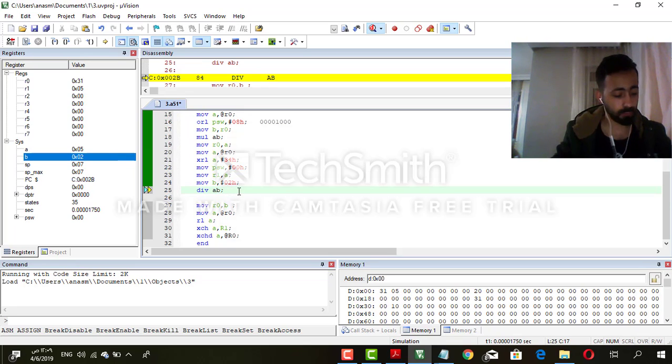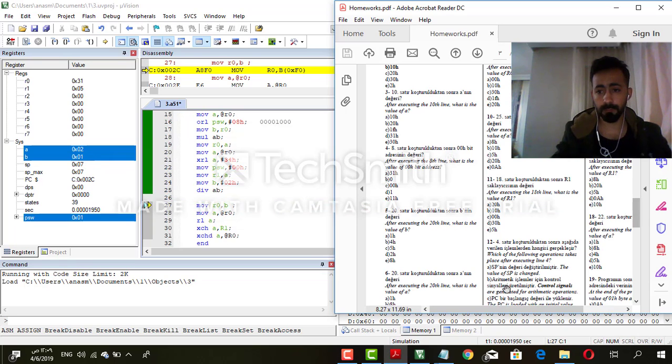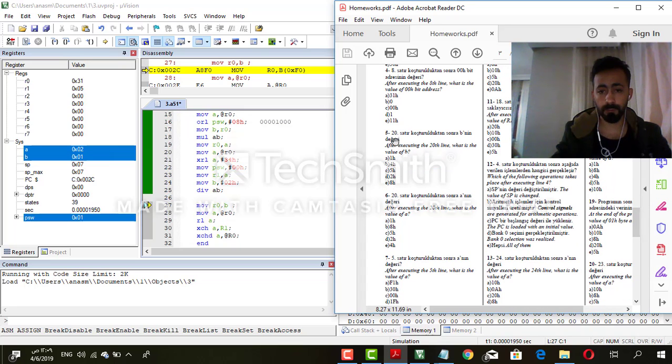So the new value of a is 2 and the new value of b is 1. Also, these are questions 5 and 6. Question 5, what's the new value of b? b will be 1 and a will be 2.